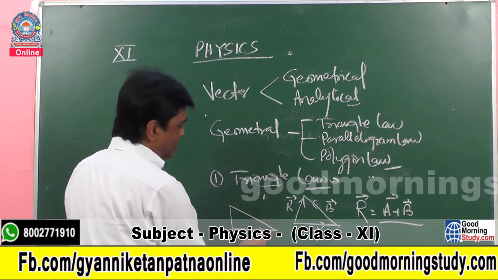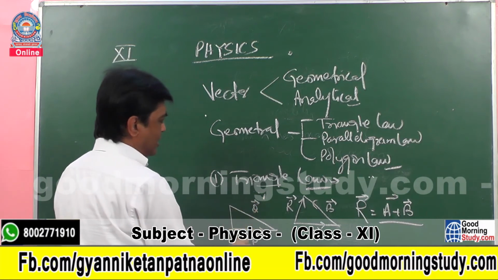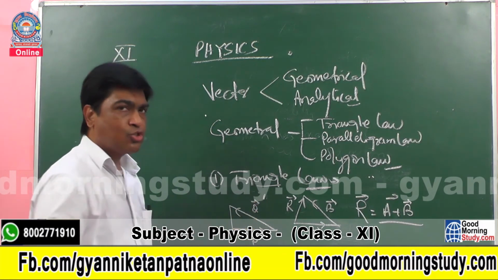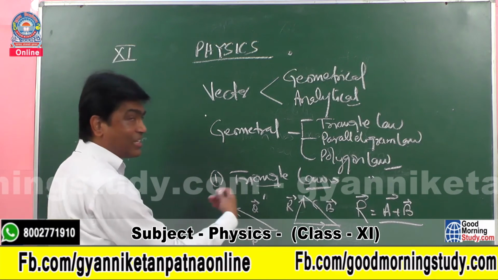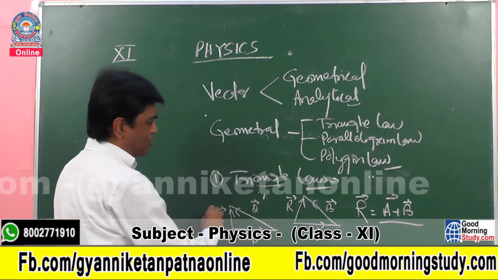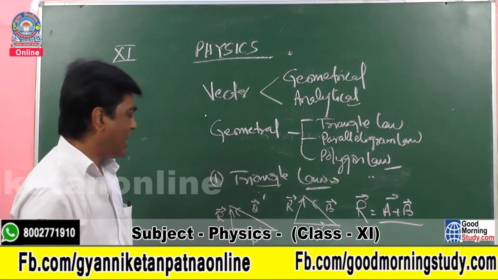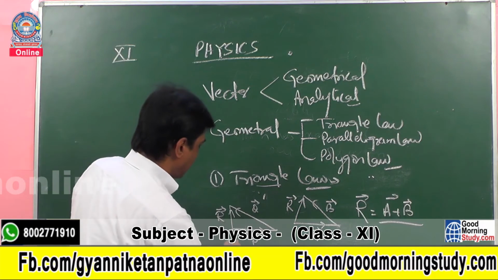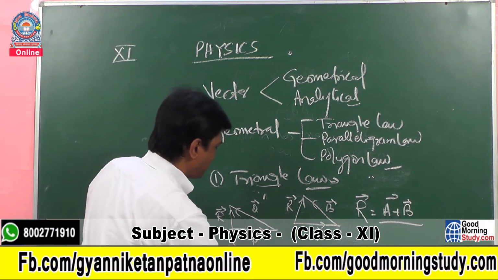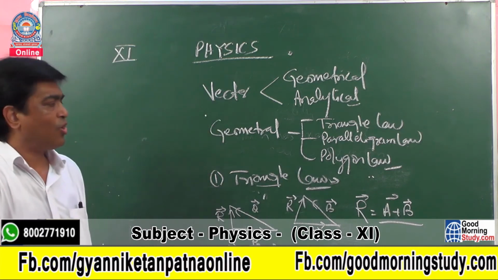The only condition is that two sides of a triangle must be represented by two vectors taken in same order. Let there be two sides, this is your P vector and this is your Q vector, represented in same order like this one, in anti-clockwise direction. R is the resultant of these two vectors. Then R becomes equal to vector P plus vector Q, and this is your triangle law statement.